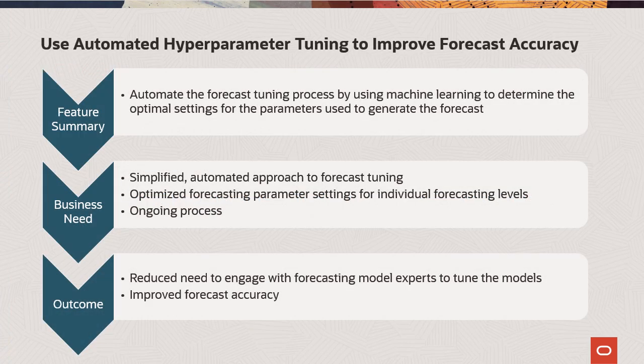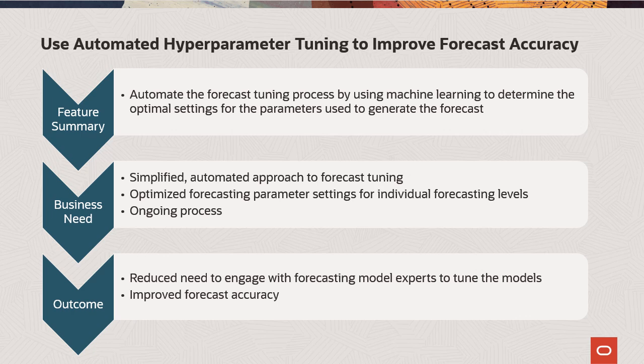The Use Automated Hyperparameter Tuning to Improve Forecast Accuracy feature provides you with the ability to improve the forecast accuracy of Oracle Demand Management machine learning models by using your enterprise historical demand data to tune engine parameters to their best values. The feature introduced in these updates runs in the background at individual forecasting levels, for example, an item and organization combination.